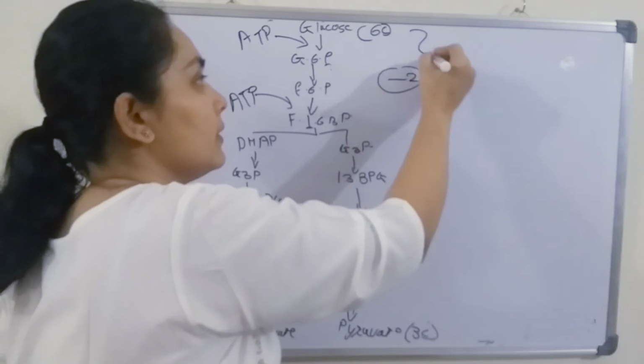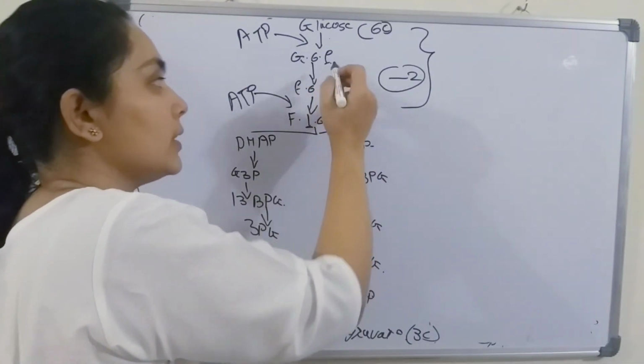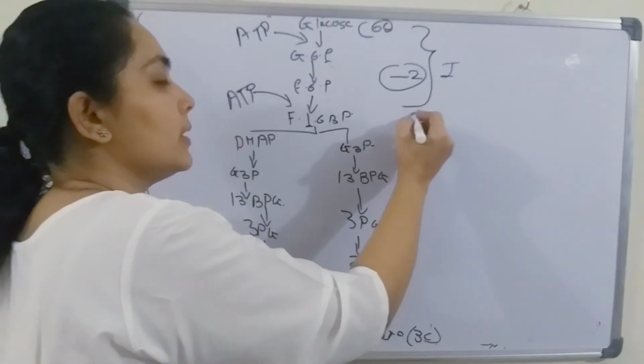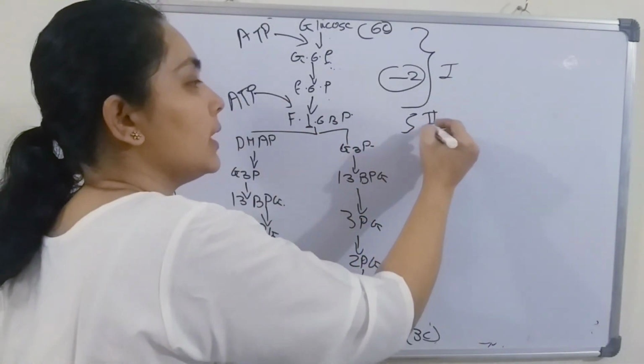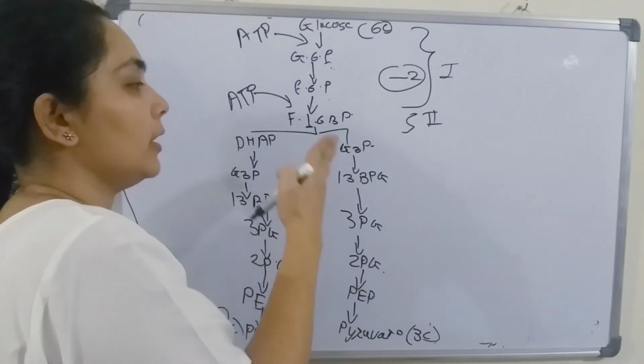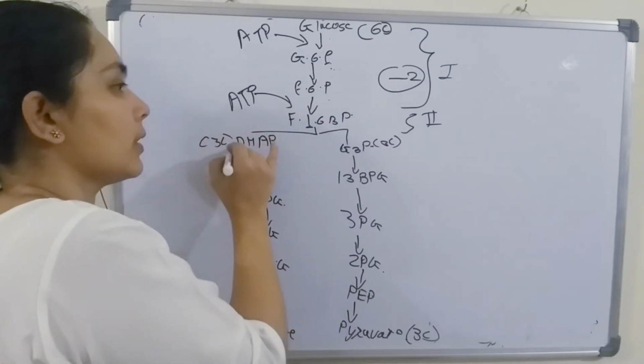The first is the preparatory phase, where there is phosphorylation, isomerization and phosphorylation, that is step 1. Step 2 is the splitting, where fructose 1,6-bisphosphate will be cut into exactly half and we will get two 3-carbon compounds.